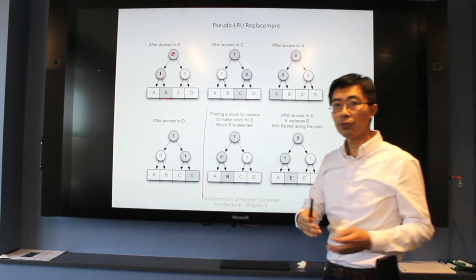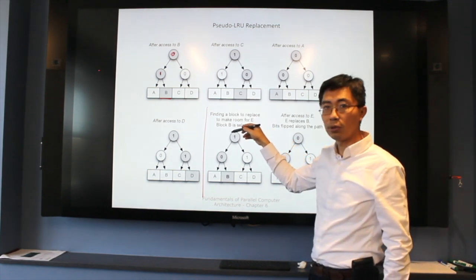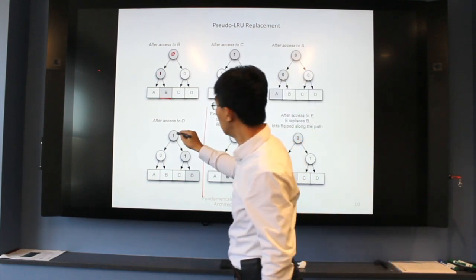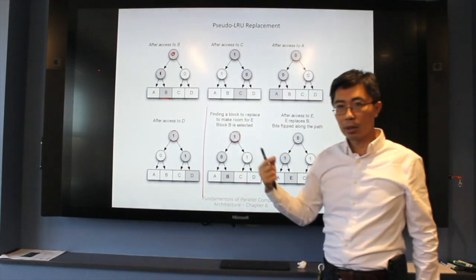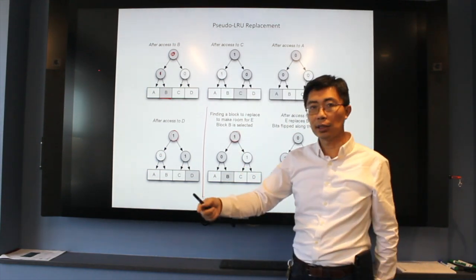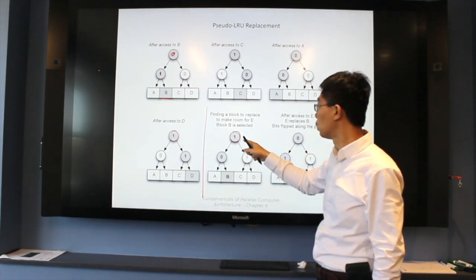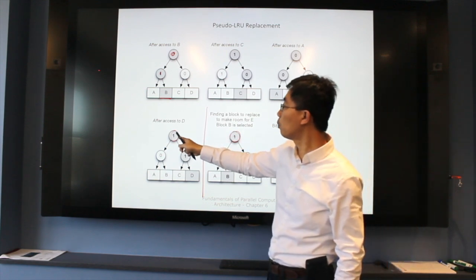So when we want to find a victim, we go to the root of the tree and read the content right here. The content is 1. Usually that means when we access, we go to the left, but when we want to evict, we go to the... sorry, 1 means right.